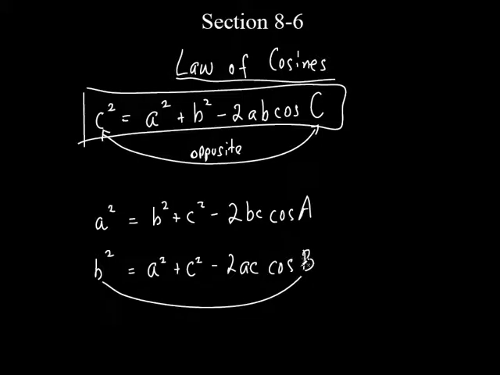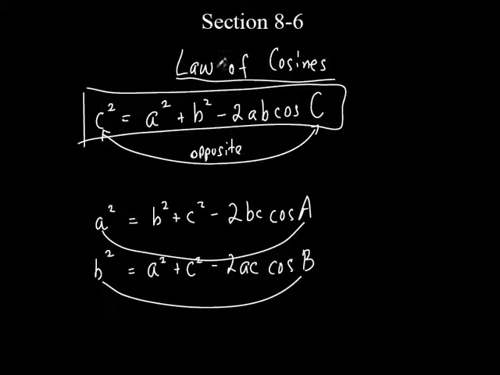That angle and that side have to be opposite each other, and side a is opposite angle A. So whatever side is out here by itself, that angle has to be the angle that's opposite that side. Does that make sense? All right.